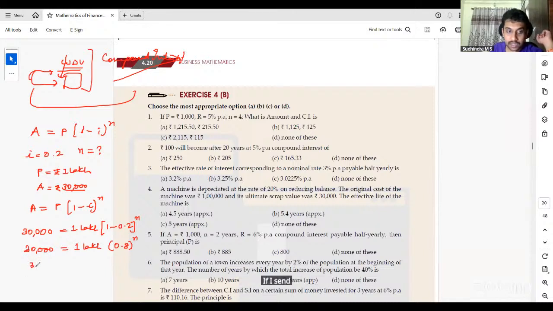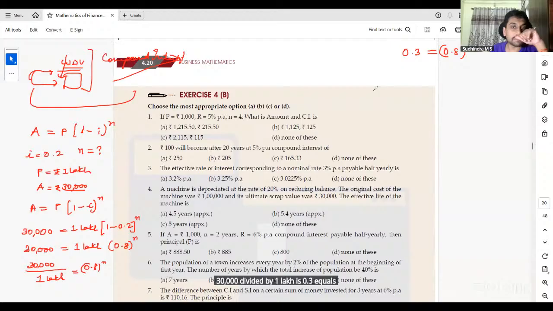If I send 1 lakh the other side, 30,000 divided by 1 lakh equals 0.8 to the power n. 30,000 divided by 1 lakh is 0.3, so 0.3 equals 0.8 to the power n.